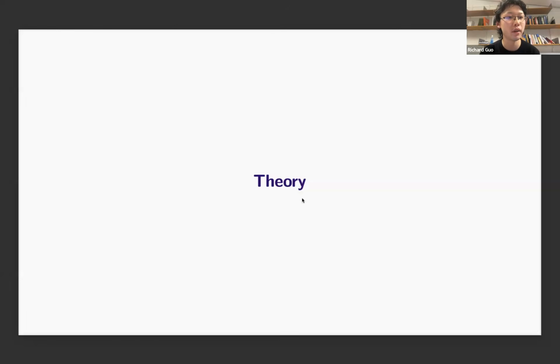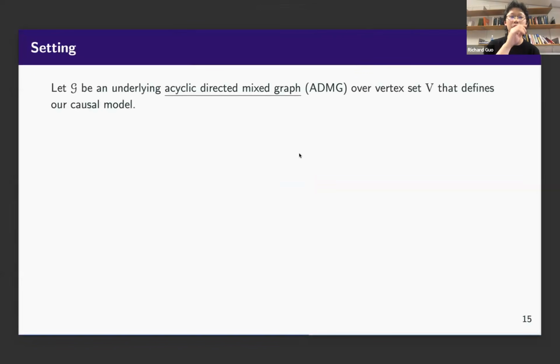But on the canvas, all you see are observed variables, because those are what we need to control for confounding, what we use for constructing the sufficient adjustment set. So I hope that answers your question. Thank you. All right. If there's no more questions, let me move on to the theory a little bit.